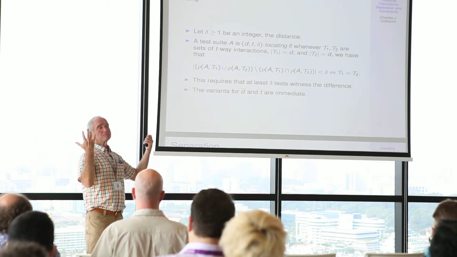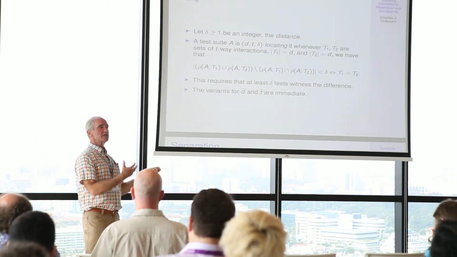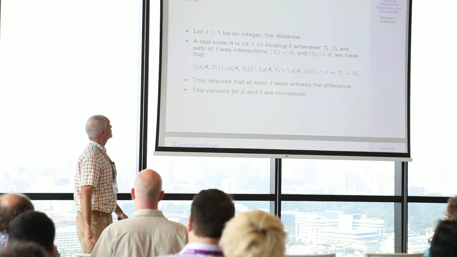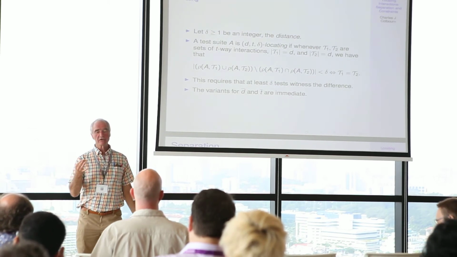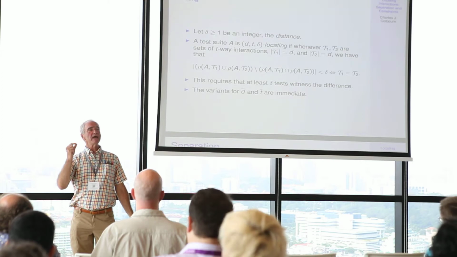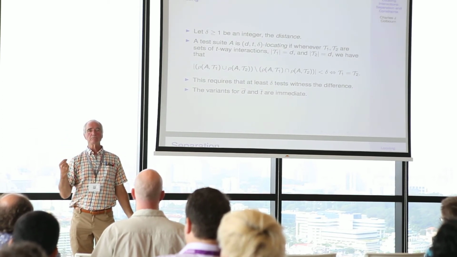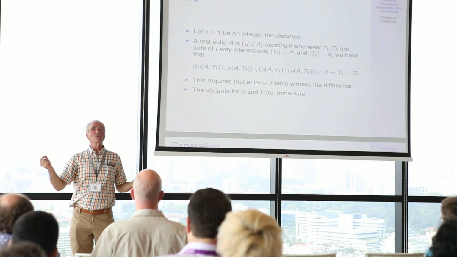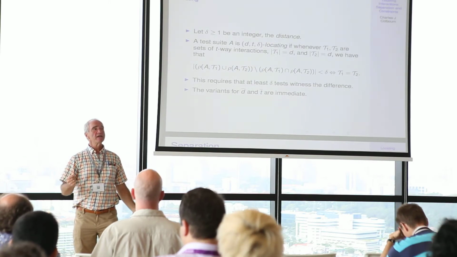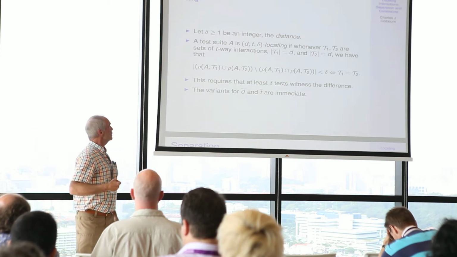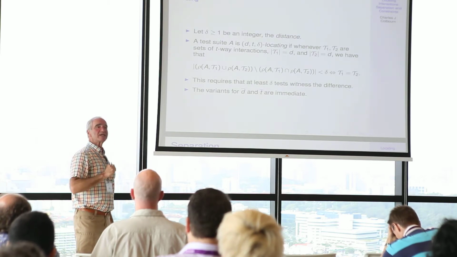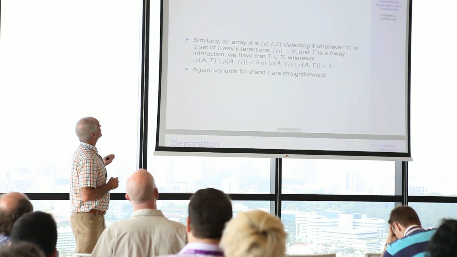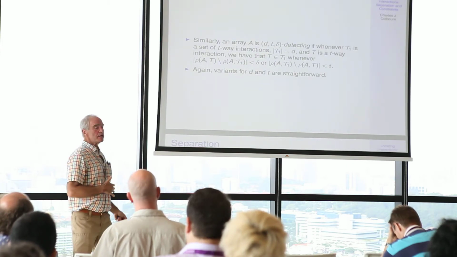The usual definition would just say they have to differ in at least one, but now we can say they have to differ in at least delta. The point is that if I run these and delta minus one of them give me an answer or give me no answer, then I am still able to see a witness to the difference between these two sets. And for detecting arrays, exactly the same thing.